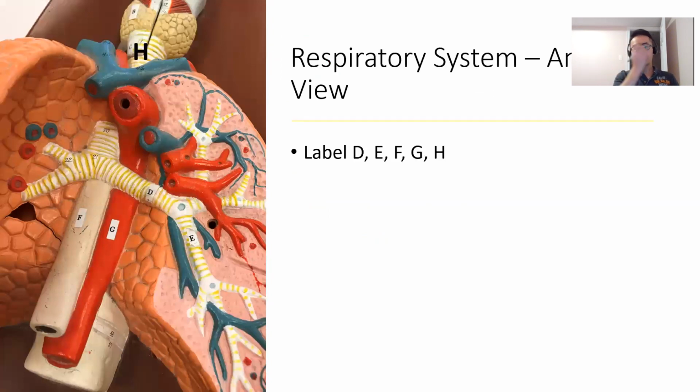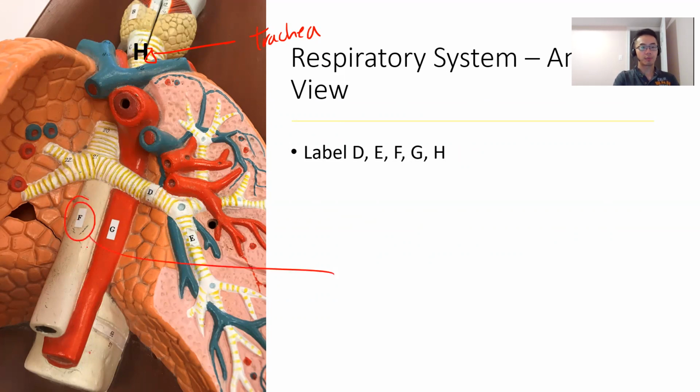So this is the same model with the heart removed, and we can see a lot more things. H here is just the trachea. You can see the trachea continues to come down and branches into the left and right bronchus. What might F be?